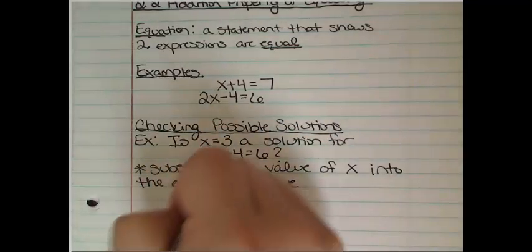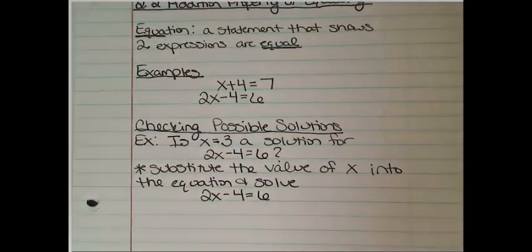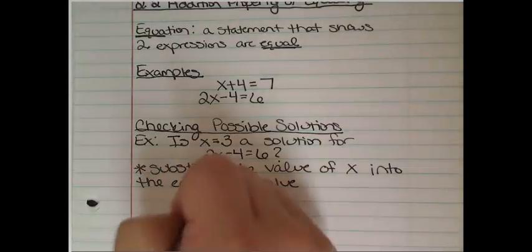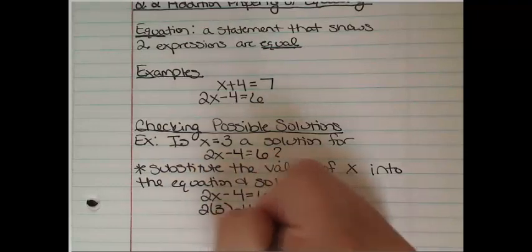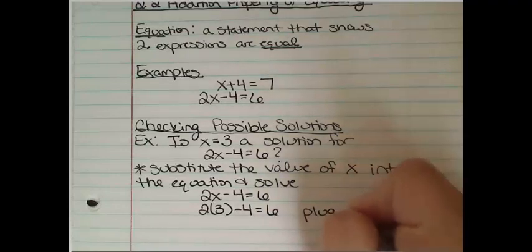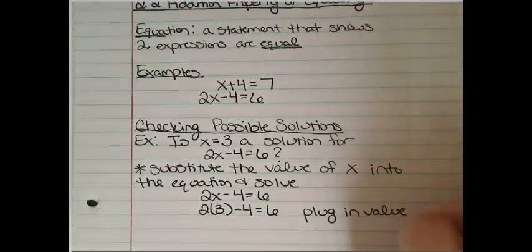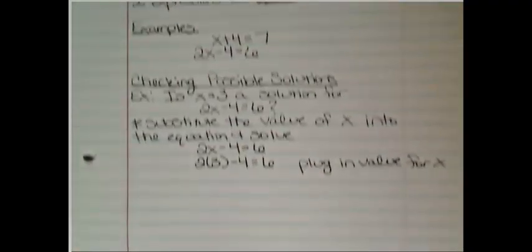So our equation is 2x minus 4 equals 6. Anywhere there's an x, we're going to put in a 3. So we have 2 times 3 minus 4 equals 6. Plug in value for x. That's all we did in that row. Now we're just going to solve.